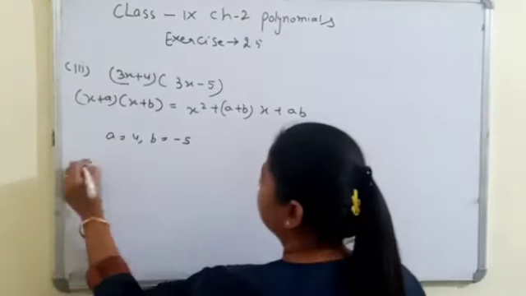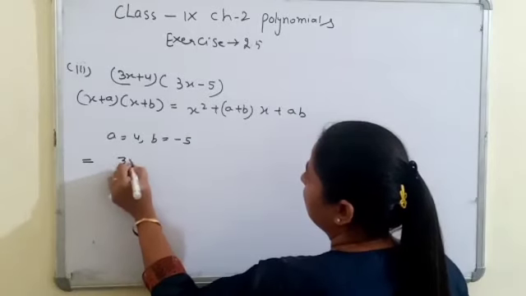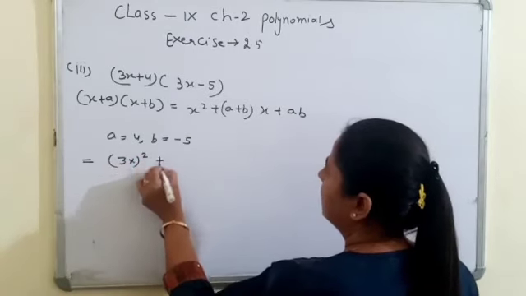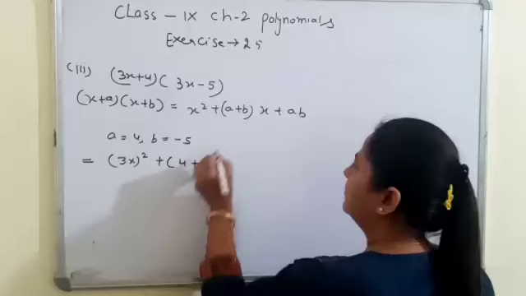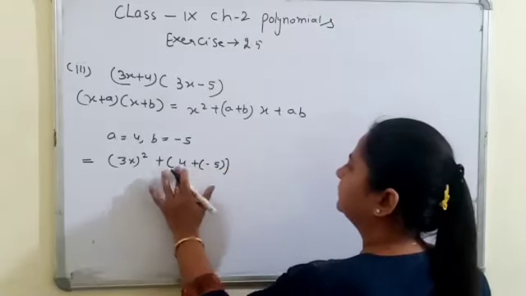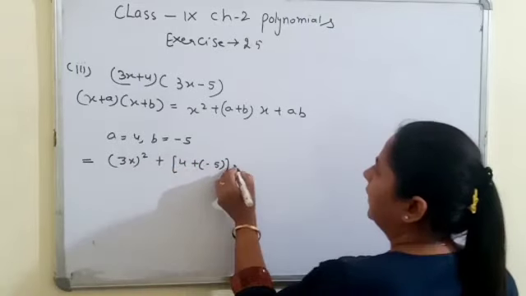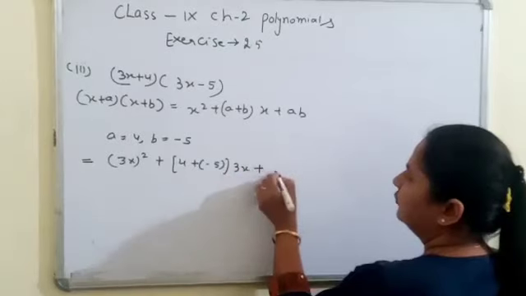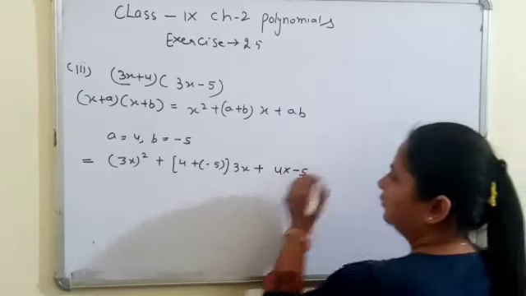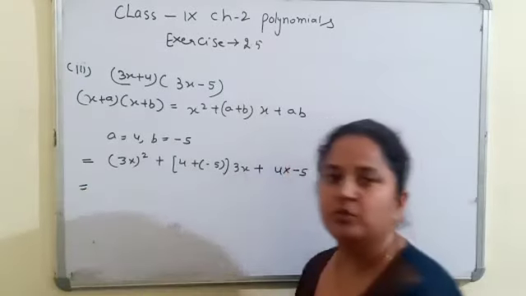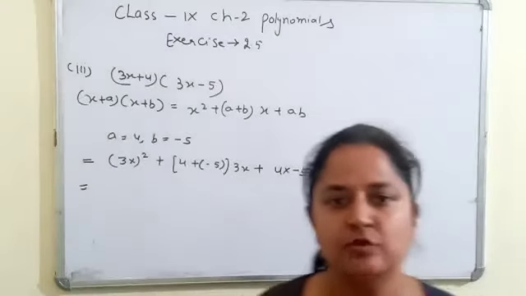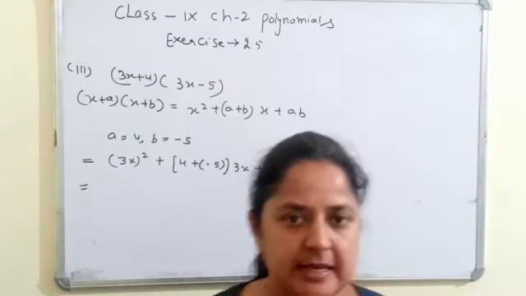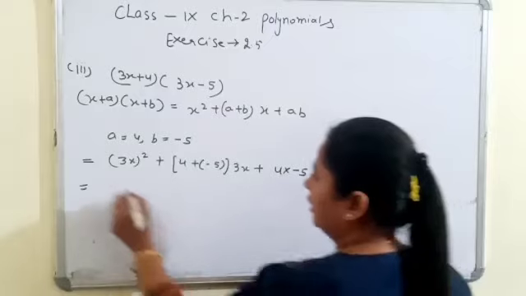Using this identity, in place of x we will substitute 3x, a is 4, b is minus 5: (3x) square plus (4 plus minus 5)(3x) plus 4 into minus 5. 3x square means we have to multiply 3x two times, so 3x multiplied by 3x becomes 9x square.